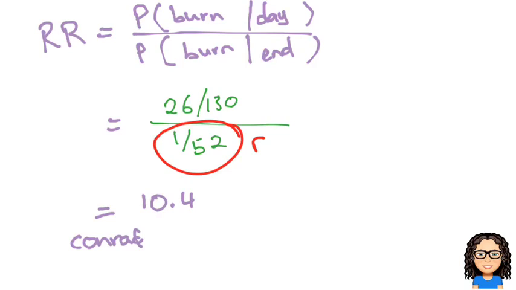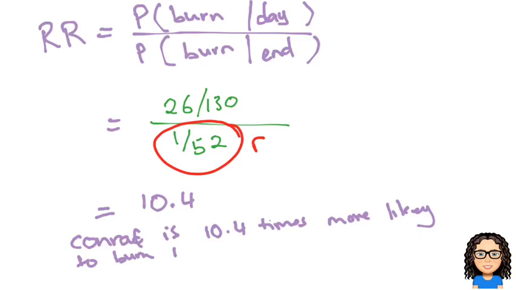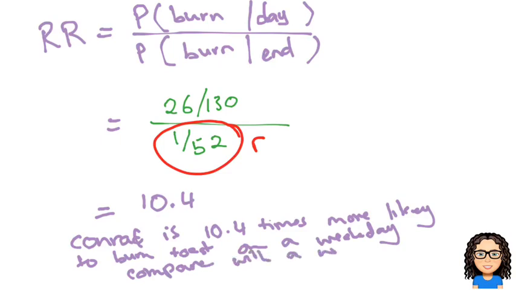It's all about him, and we can say he is 10.4 times more likely to burn toast on a weekday compared with a weekend. And if I get my risk of 10.4 and I get that sentence, then that would get you through to E for excellence.